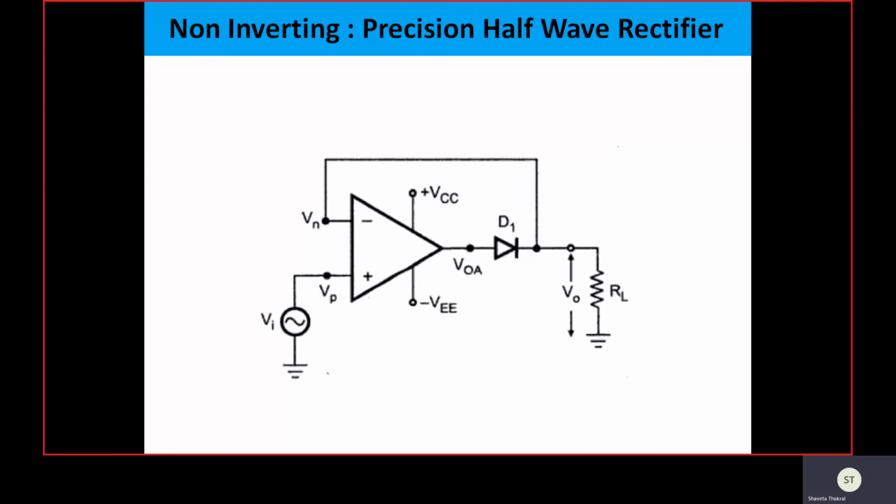Due to the use of a high gain operational amplifier, it is possible to rectify input voltages even in the millivolt range, because the amplitude of input voltage required to forward bias the diode is the knee voltage of the diode, that is 0.7 volt for silicon, divided by the voltage gain of the operational amplifier.